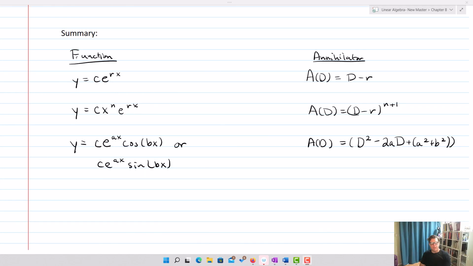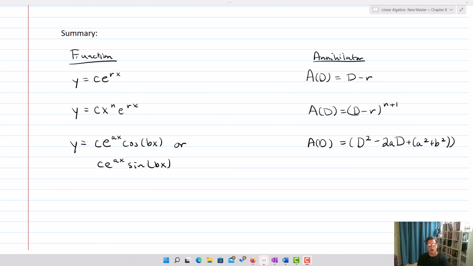So in summary, if we're given particular functions of the form y equals c e to the rx, then our annihilator A of d is going to be d minus r. If, on the other hand, we're given y equals c x to the n e to the rx, then our annihilator is A of d equal to d minus r, raised to a power because we've got that power of x.